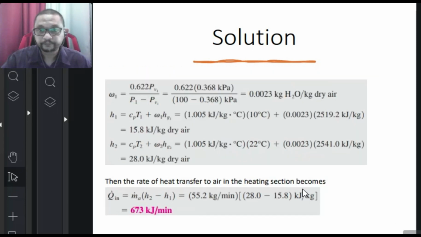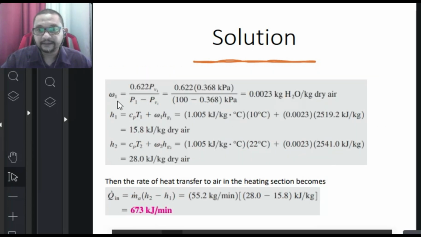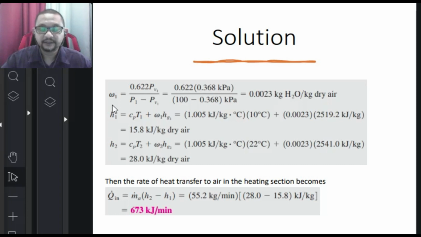Okay, then use the specific humidity equations. You have to find P_v1 and P_1.